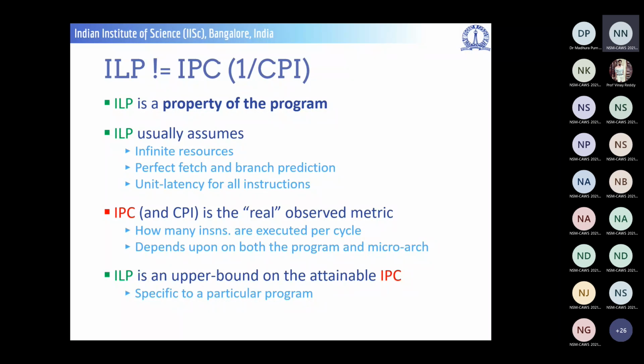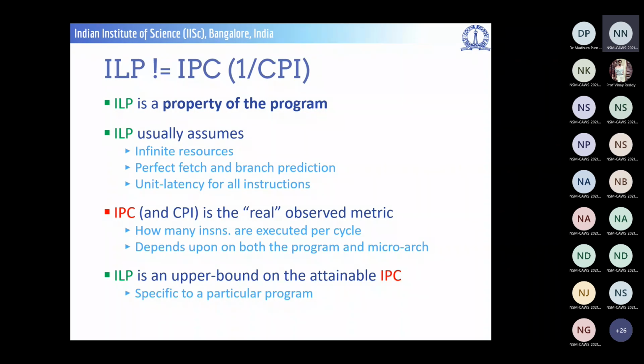But you can think of it as whatever the hardware gets. On the other hand, how you can actually use this ILP to get the performance out of it depends on the hardware itself.